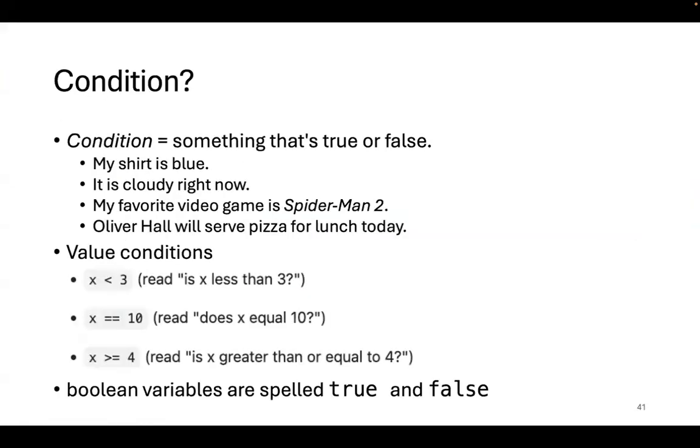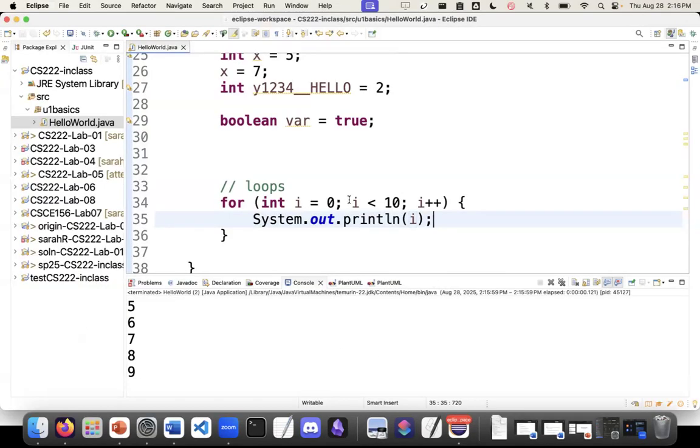Okay. So the condition. Remember if statements and stuff where you have to give it some logical condition? That's what we're looking for here. The condition is something that's either going to be true or false. So for us, the condition is i less than 10?